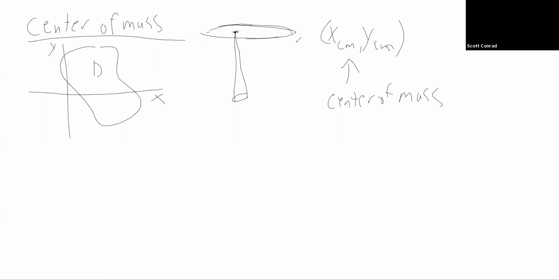So in physics, a lot of properties of a region work if you take all of the mass and collapse it to a single point at the center of mass. That simplifies a lot of physical problems by just pretending all of the mass is at a single point at the center of mass. There are certain things you can do with that.